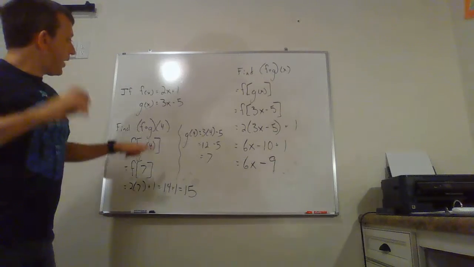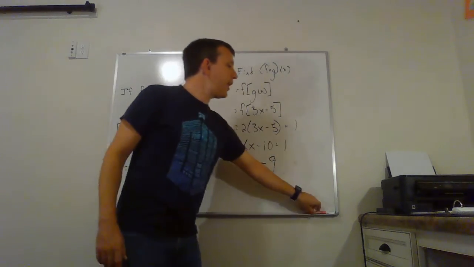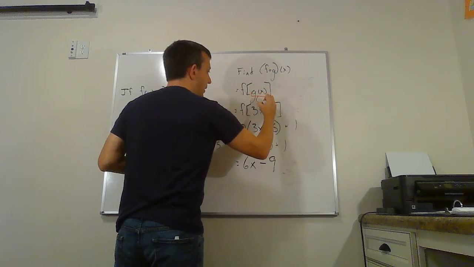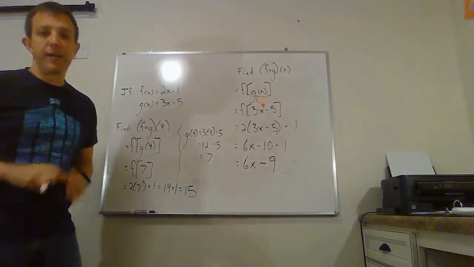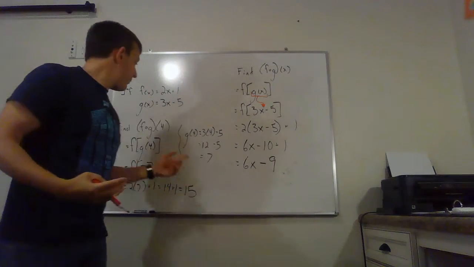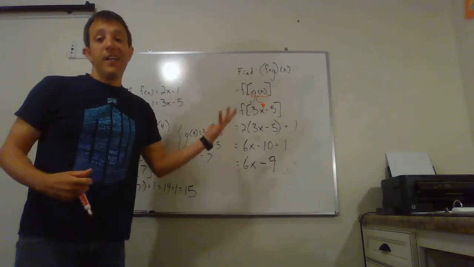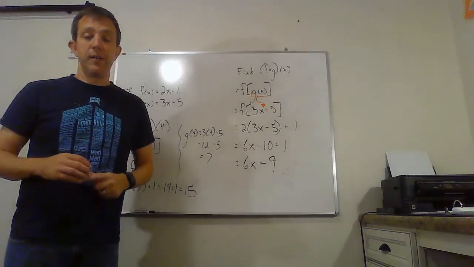So what do we do? Well, I take the rule for g now, the 3x minus 5, and I put that in for g of x. So I have this g of x on the inside. I'm just going to take its rule and put it inside of f. Notice, before, I took a 4, plugged it into g, and got a number out. Here, I don't have a number, so I'm just taking its rule and putting it on the inside.